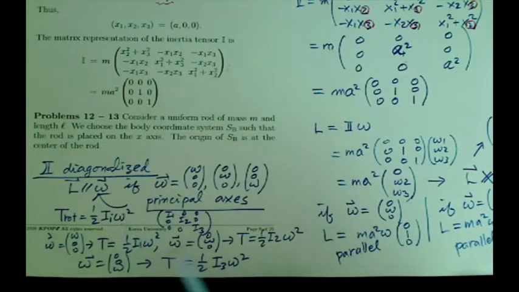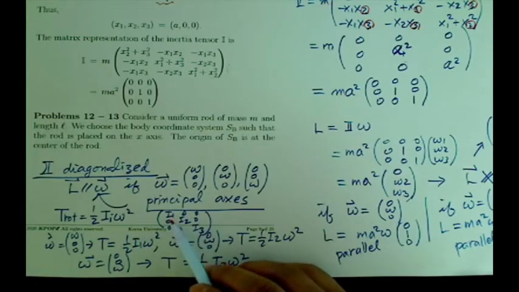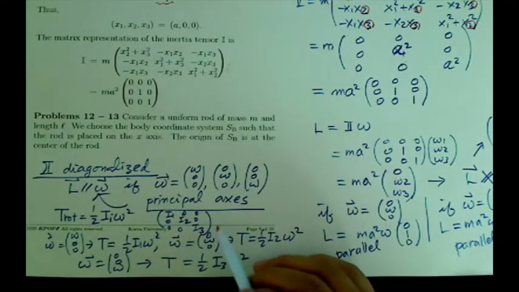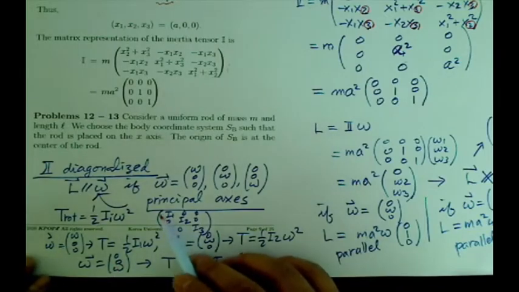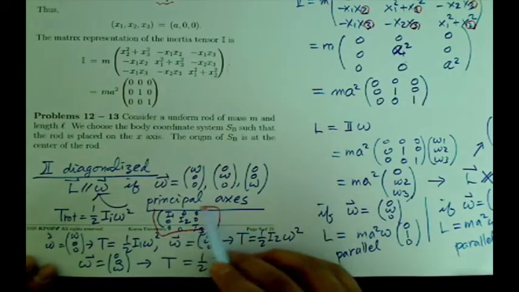The principal axes mean 1 0 0, 0 1 0, 0 0 1, as long as the inertia tensor is diagonalized in such a way. In that case, the total kinetic energy will be like that when we rotate about the x-axis, like that when we rotate about the y-axis, like that when we rotate about the z-axis. This is true only when diagonalization is achieved.